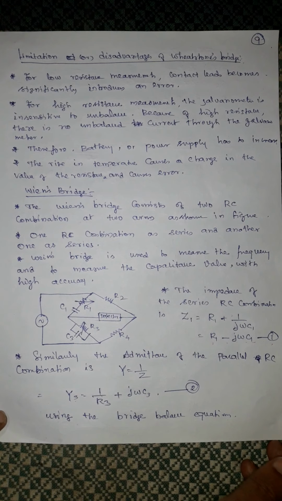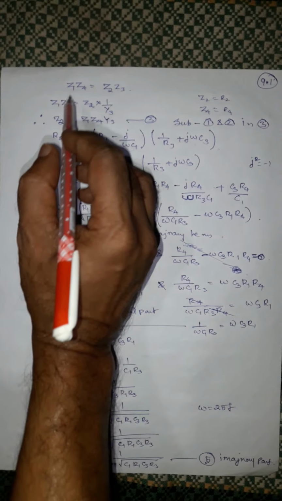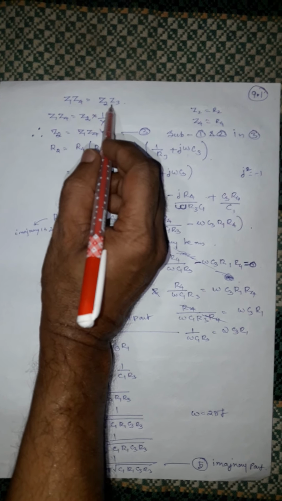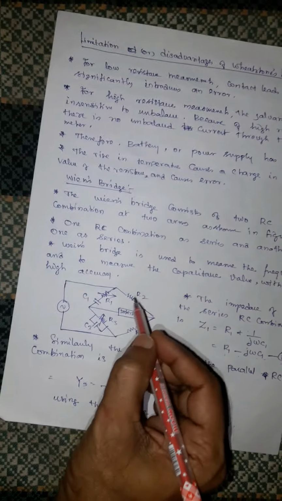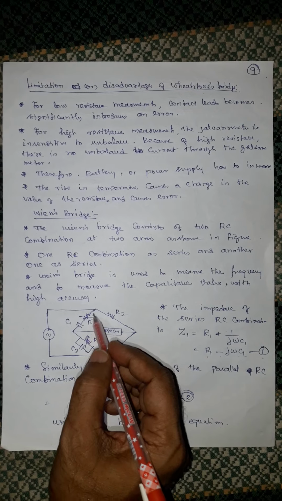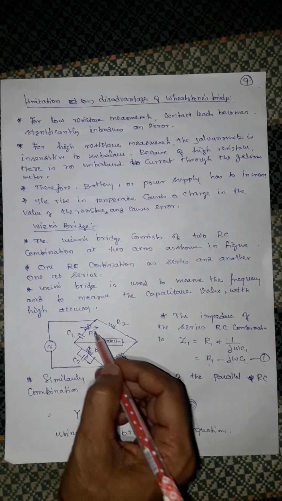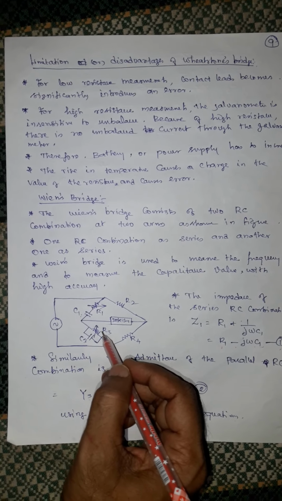Using the bridge balance equation, Z1 Z4 equal to Z2 Z3. Z2 equal to R2, Z4 equal to R4. Z1 is the combination of R1 C1, and Z3 is the combination of R3 and C3.